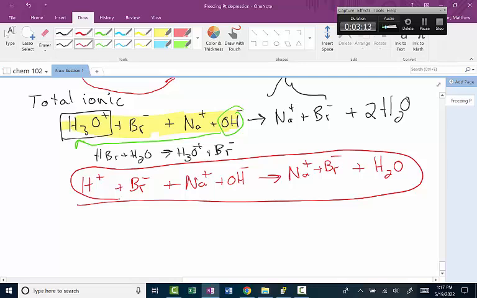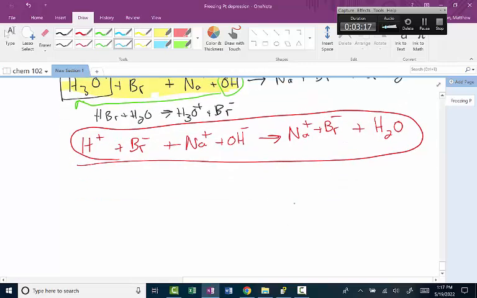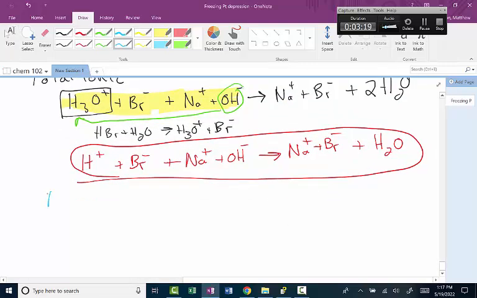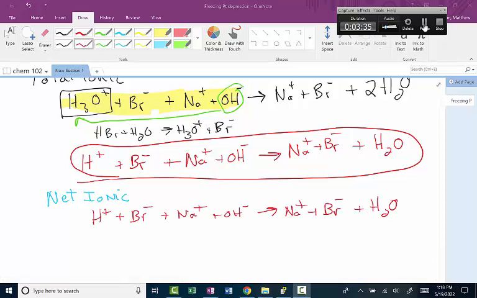The final way of writing it is the net ionic, what actually happened. So let's look at the net ionic. And in the net ionic, what we're going to do is cancel out the spectator species. So I've rewritten that, and now I'm going to cancel or cross out the things that are on both sides. So there's a bromide on both sides.